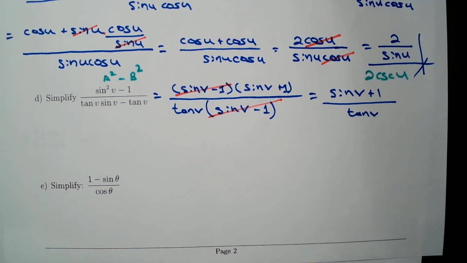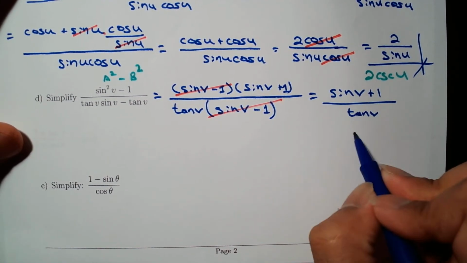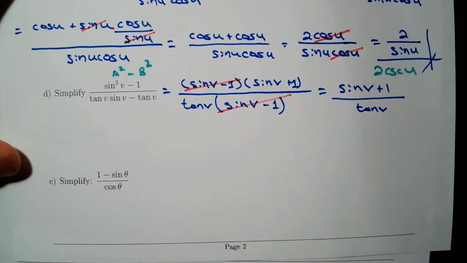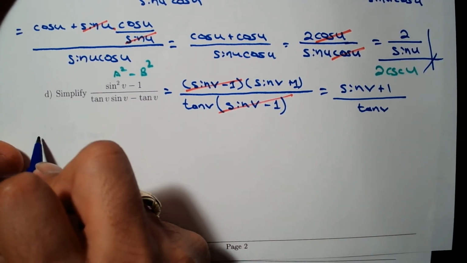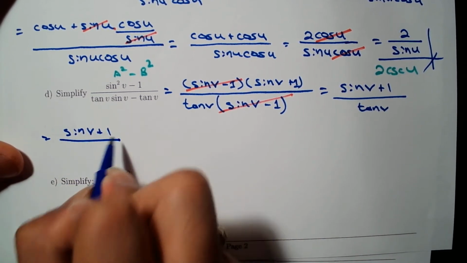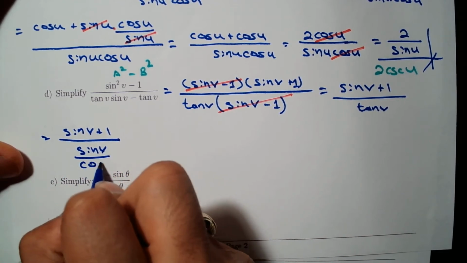According to my notes, this is pretty much a final answer, but if you would like to go the extra mile, you might want to rewrite this tangent in terms of sine and cosine. So that's sine v plus 1, and that's sine v over cosine v.